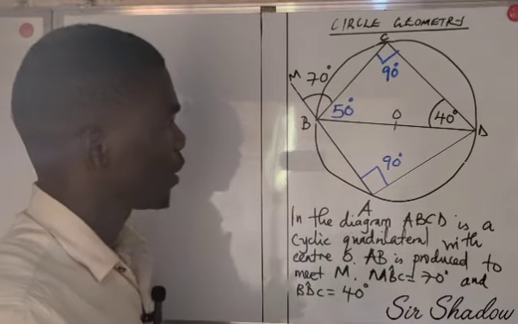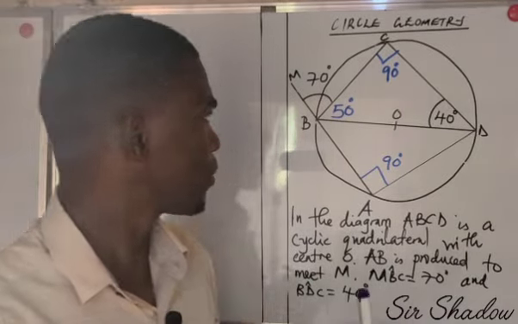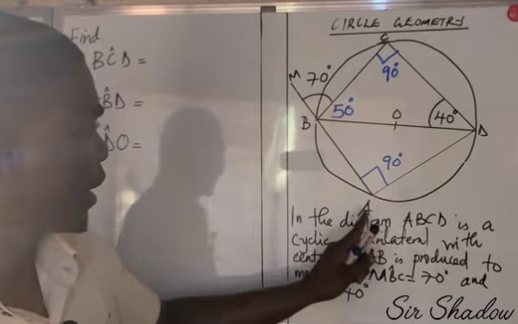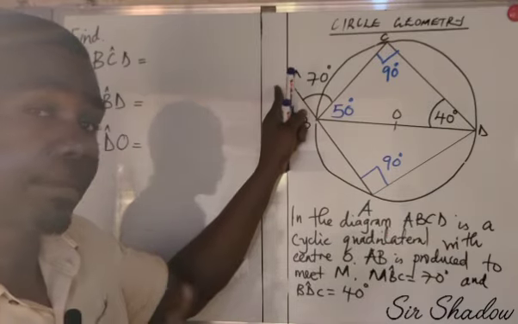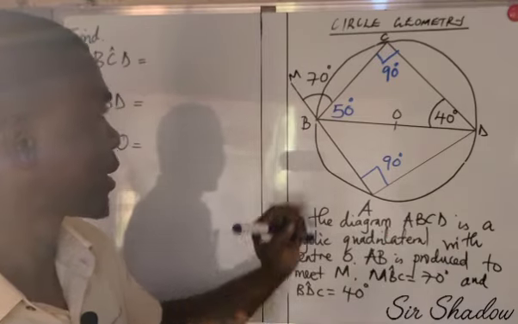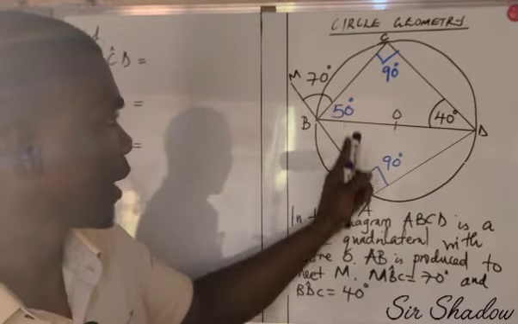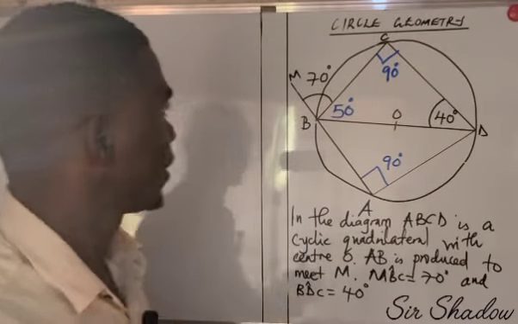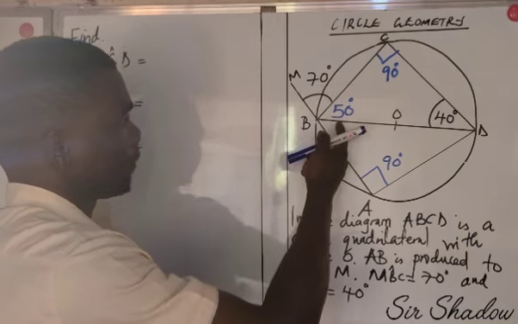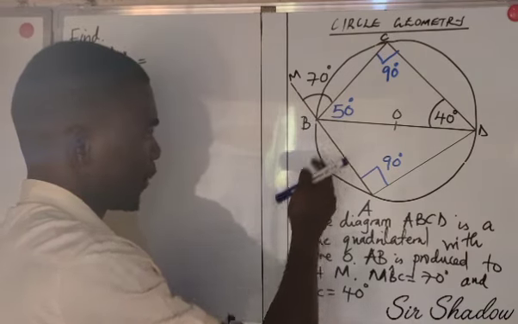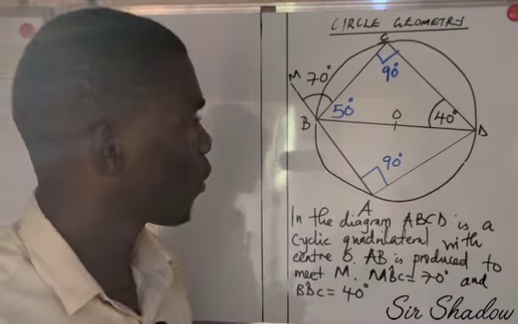50 degrees. So from that 50 degrees I got here, there is a line which is A, B, C. Remember, it's a Z line. A, B, C is a Z line. So the sum of all these angles which lie on the straight line, they add up to 180. So if I say 70 plus 50 plus this angle which is unknown here, to get 180.